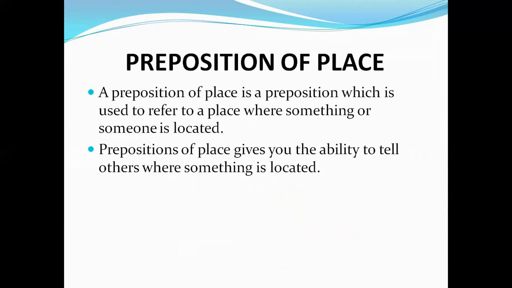Let us understand what is preposition of place. A preposition of place is a preposition which is used to refer to a place where something or someone is located. Prepositions of place give you the ability to tell others where something is located.